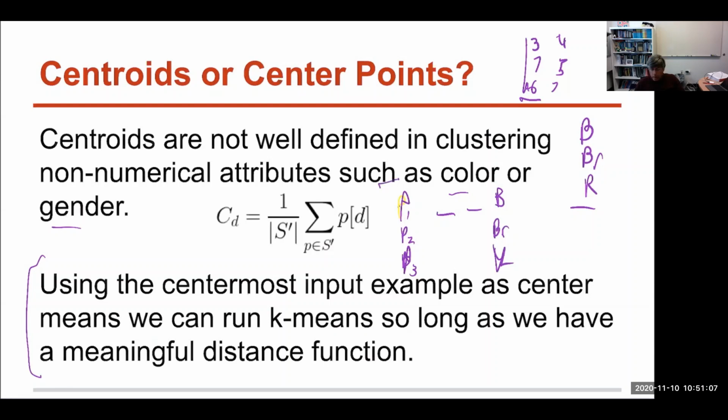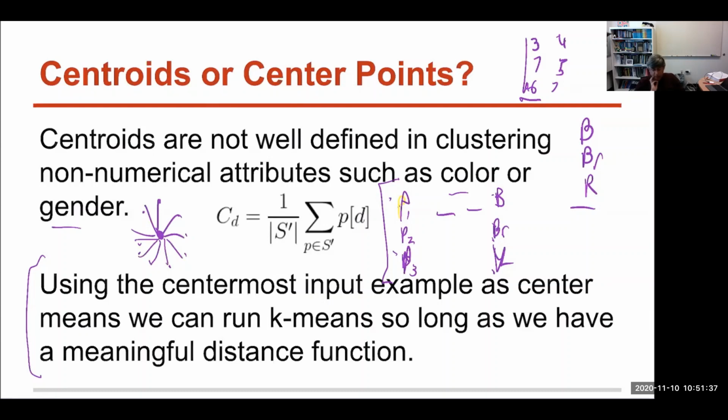If these are the 3 points in my particular partition from a K-means round, because these are the ones that are nearest my centroid, instead of actually taking the centroid of this dimension, I could look for which point is most centrally located. Namely, I'd like the point that minimizes the maximum distance to all other points.